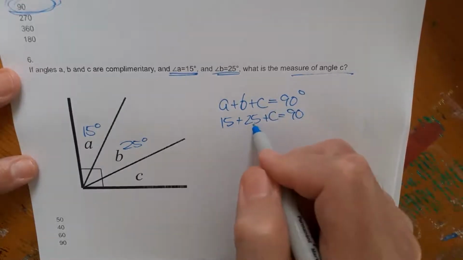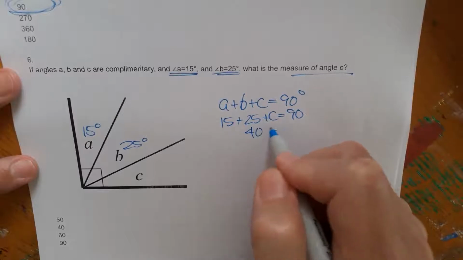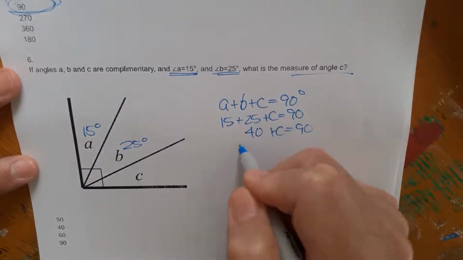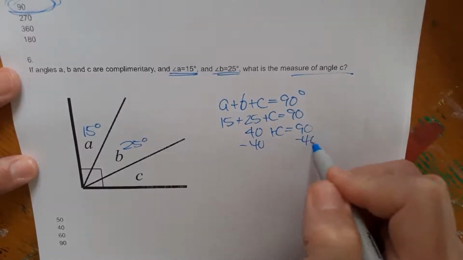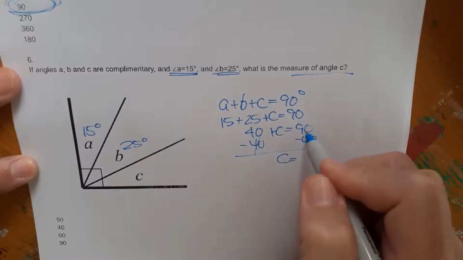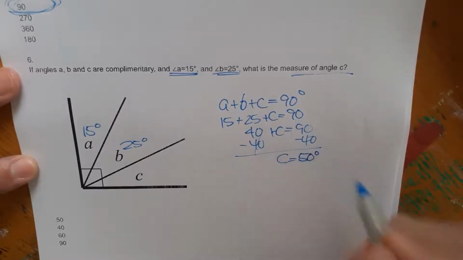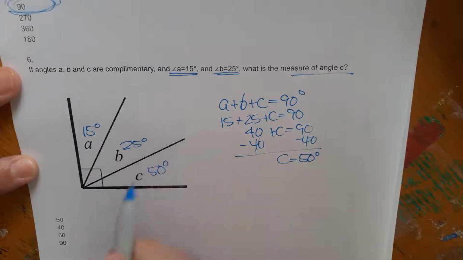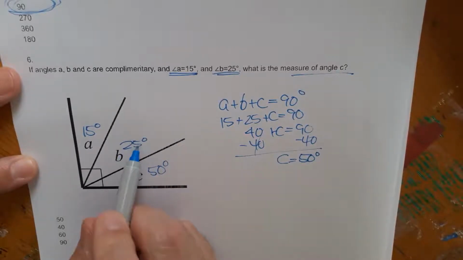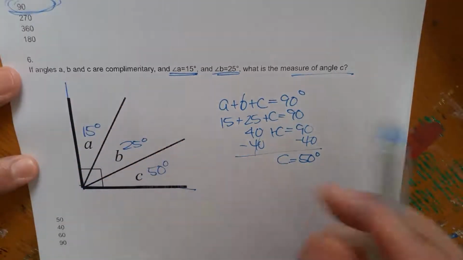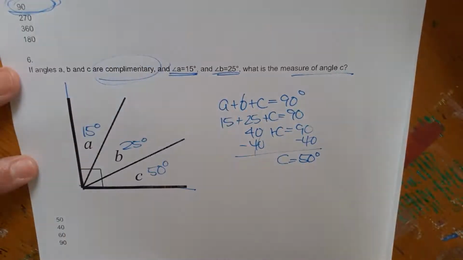These two add up to 40 degrees, plus C equals 90. Subtract 40 from both sides. C equals 90 minus 40, which is 50 degrees. And if you put in 50 here, 50, 65, 75, 90. Because the total is 90. That's the whole point of this right here.